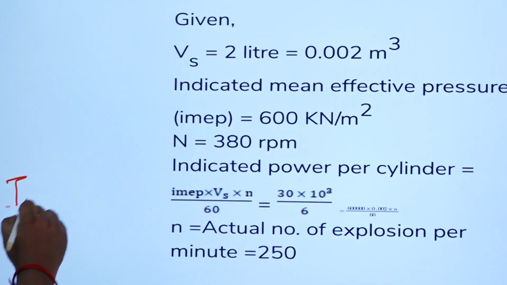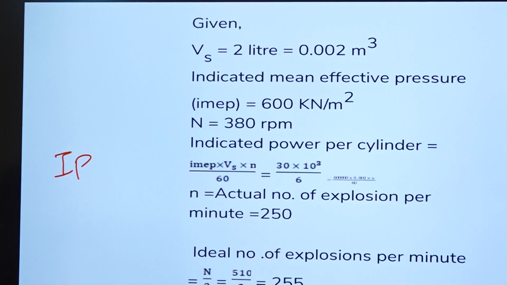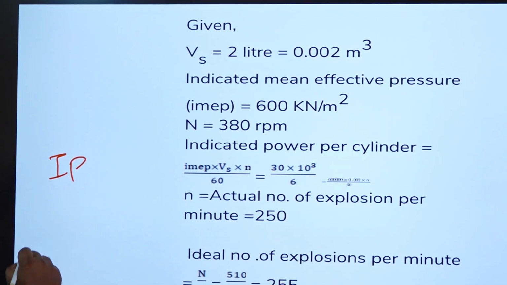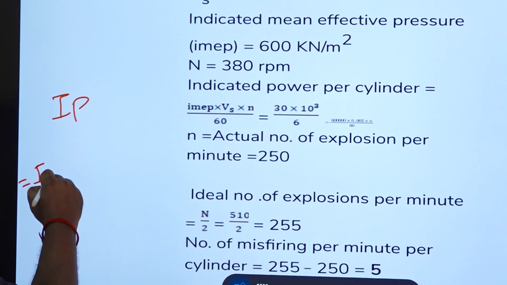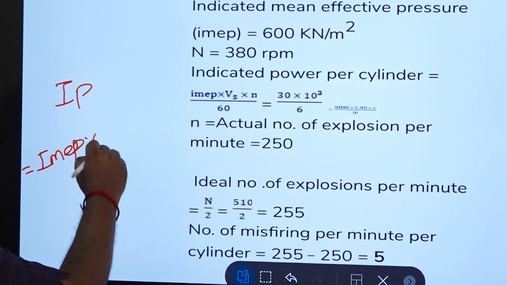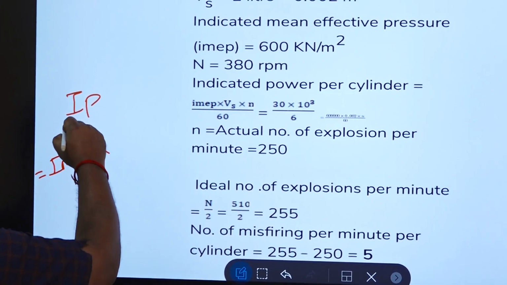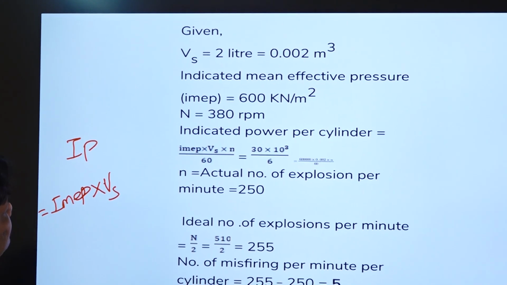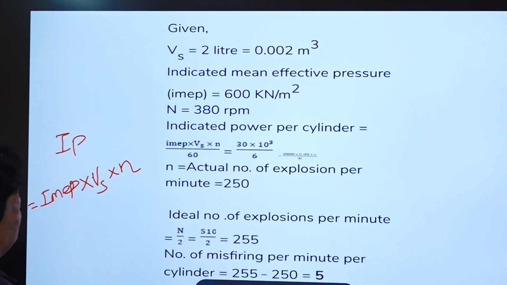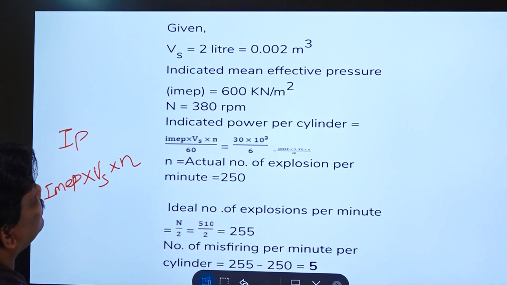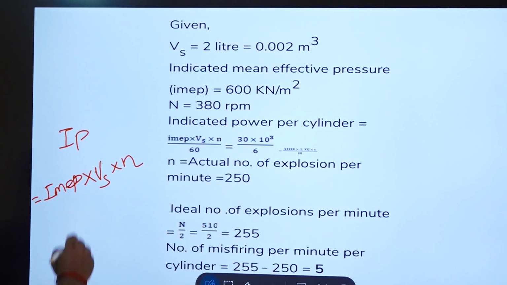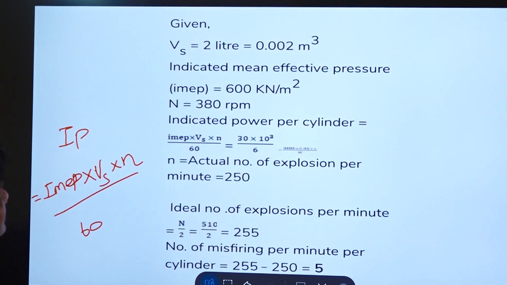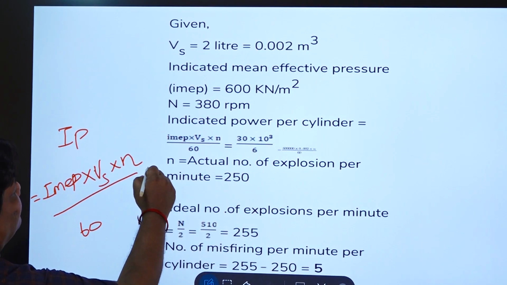You know the formula for indicated power: indicated mean effective pressure into stroke volume into N into the number of cylinders, divided by 60.